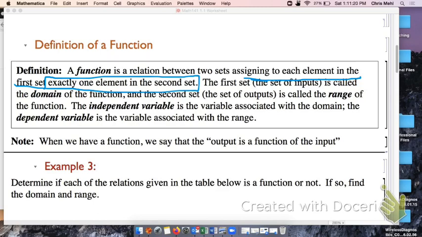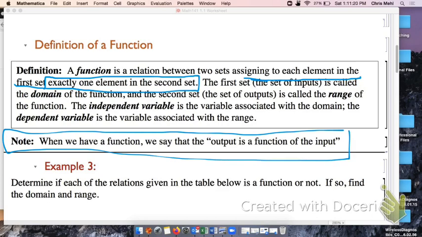That's what we mean by the dependent variable. It's the variable that represents the outputs. The independent variable is the variable that represents the inputs. And when we do have a function, make sure you read this note on the bottom. When we do have a function, we say that the output is a function of the input.